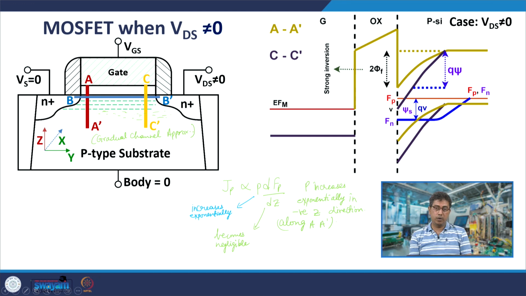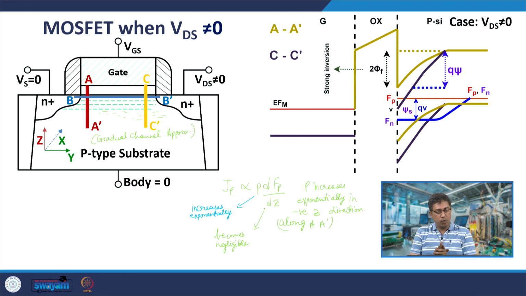The electric fields in the y direction are negligible compared to the electric fields in the z direction. That is essentially the gradual channel approximation, and it is valid for long channel devices.